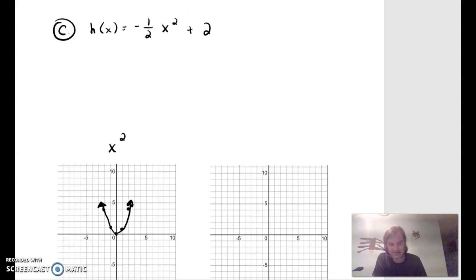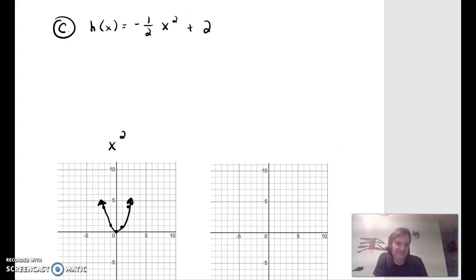Alright, the next practice problem, C, is h of x equals negative 1/2 x squared and then plus 2. The parent graph of this is x squared, which is the U-shaped parabola that I have graphed. And then let's talk about what's happening to it.